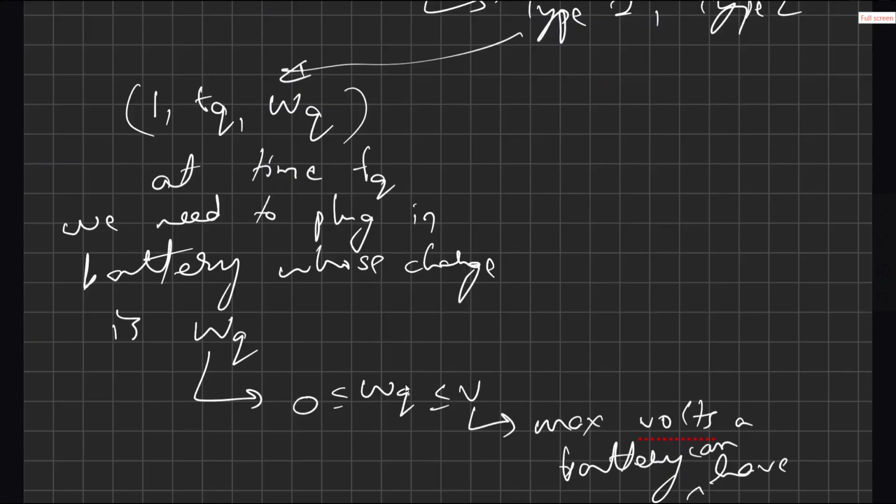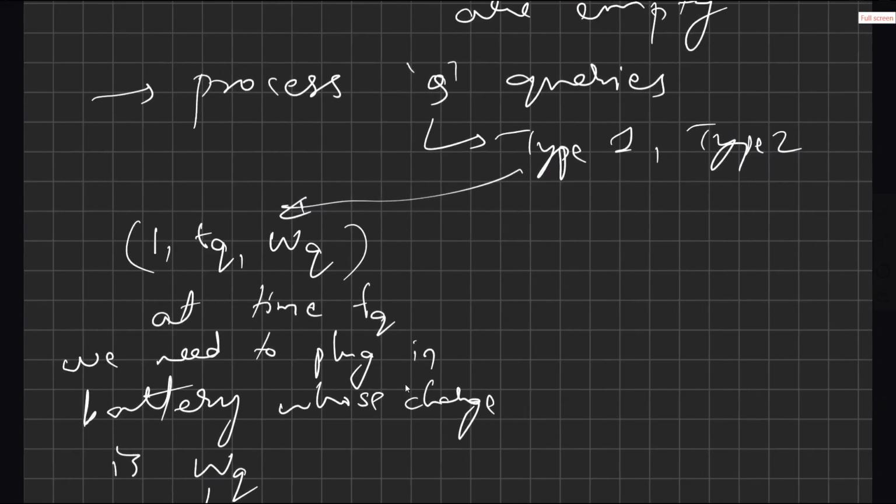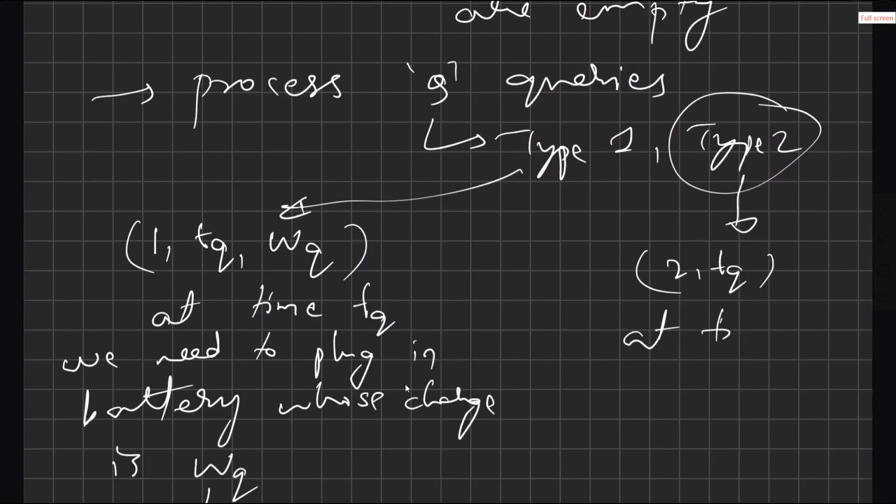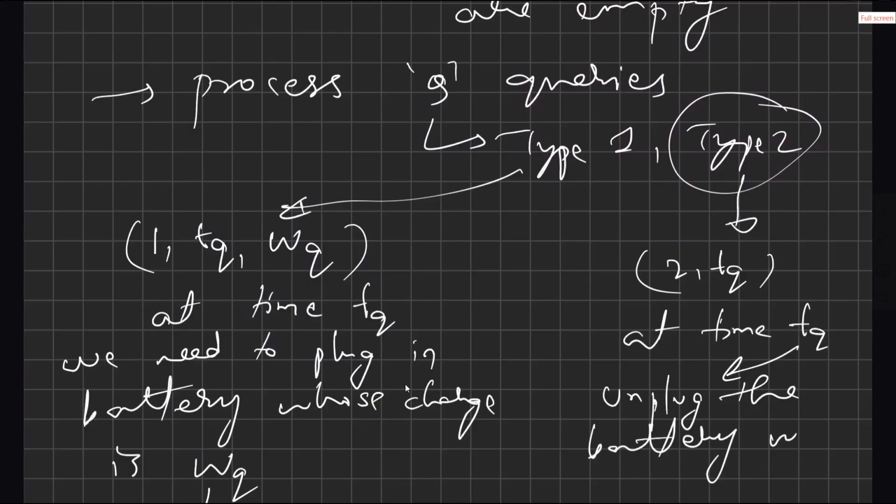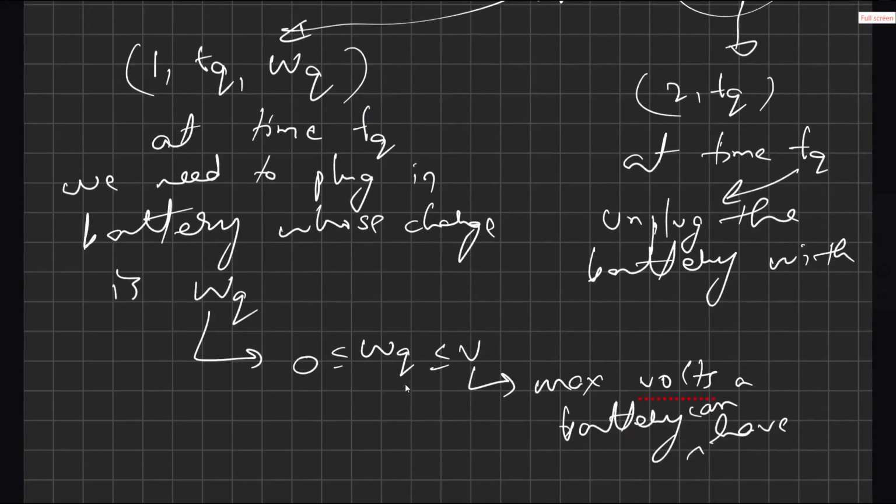Okay, so type 1 you have understood. What about type 2? Type 2 will be of the form 2, tq, which means at time tq we need to unplug the battery with the highest charge.